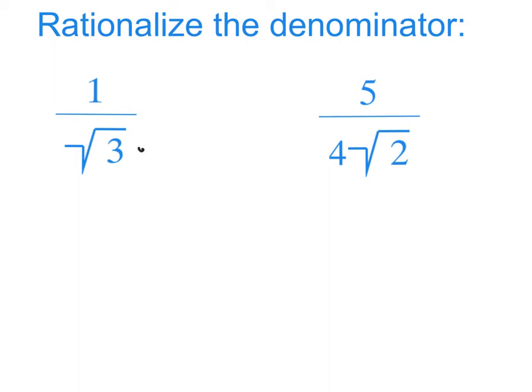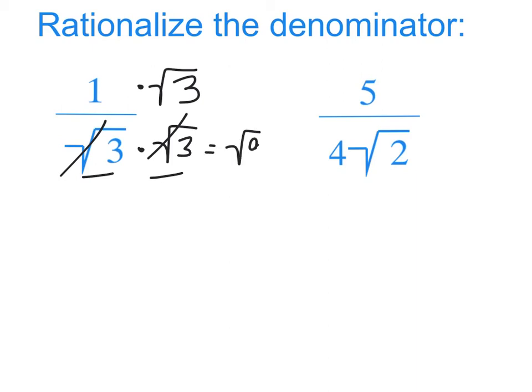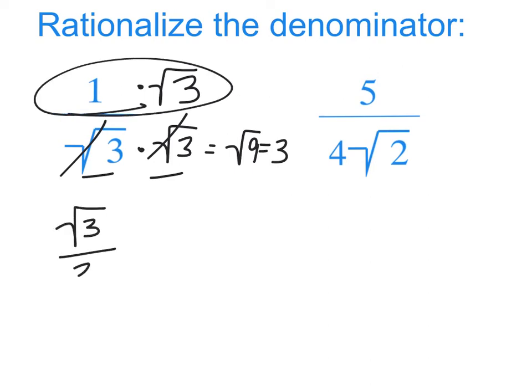So when you multiply by the same radical, this root goes away. So the square root of 3 times the square root of 3 is the same as the square root of 9, which is just 3. So if I just multiply those two together, I get the square root of 3 all over 3.